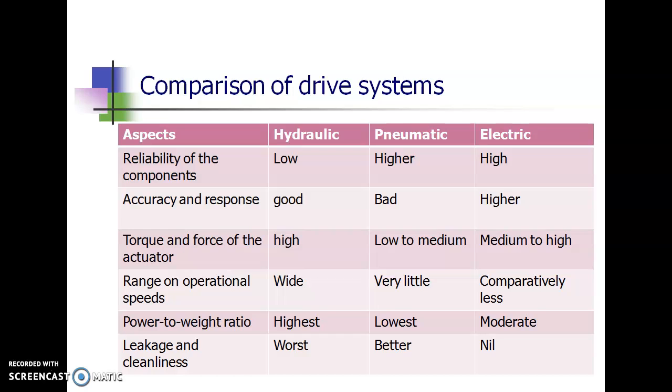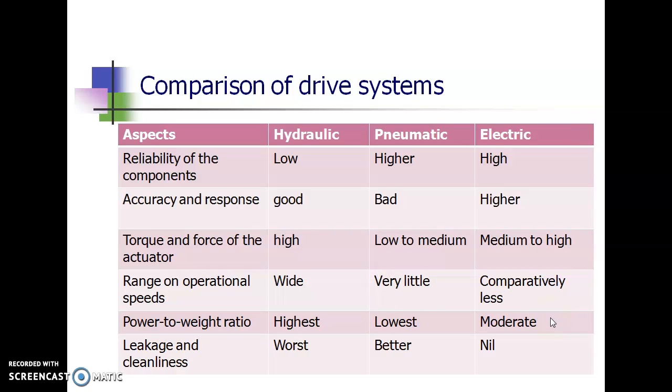Even a very small pump can develop a high pressure. So the power to weight ratio in the hydraulic system is the highest. In pneumatic it is lowest, and in electric it is moderate.